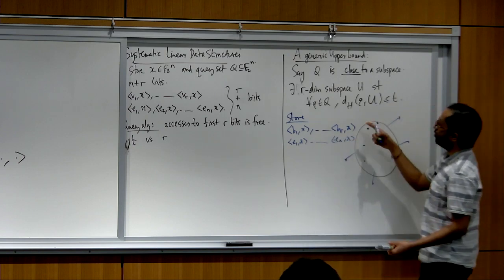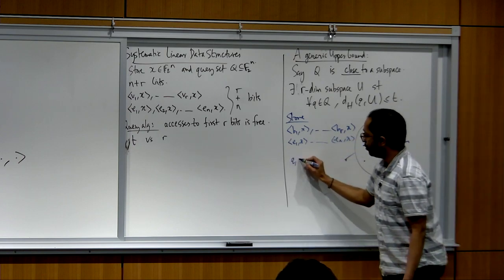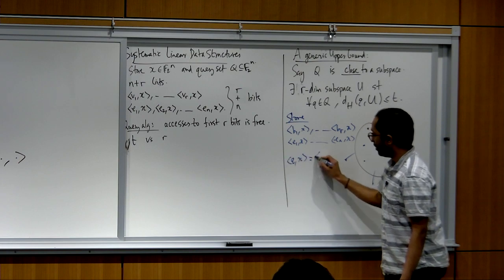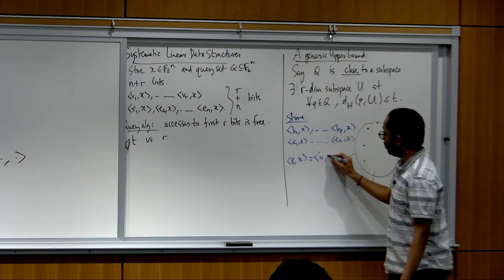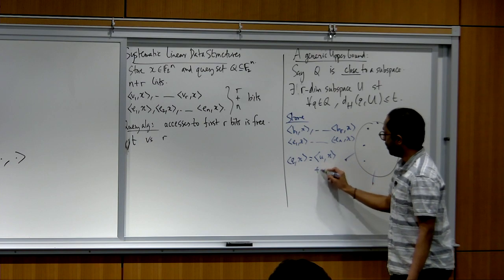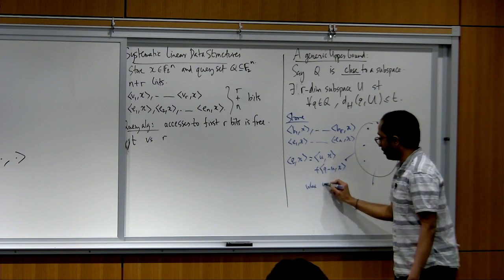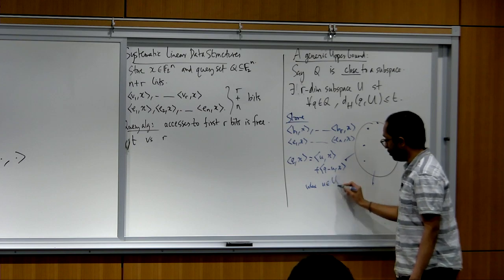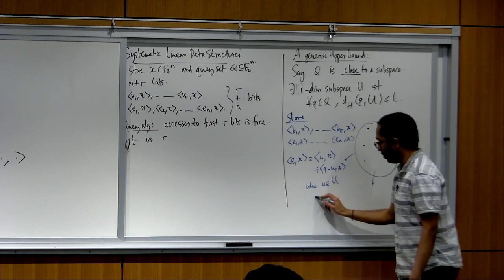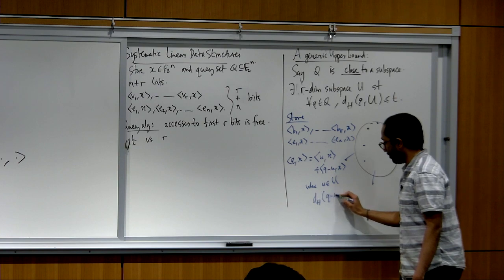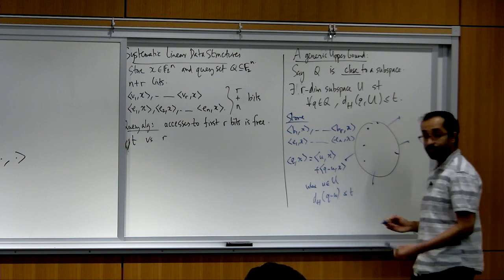So anytime you want to compute the inner product of q with x, this is nothing but u with x plus (q minus u) with x, where u is in U and the Hamming weight of q minus u is at most t.